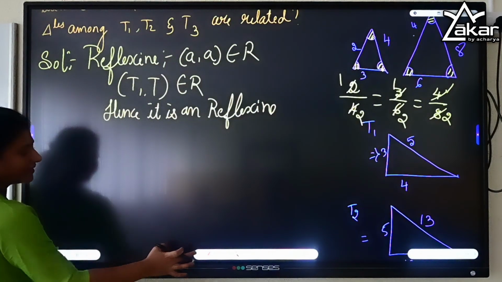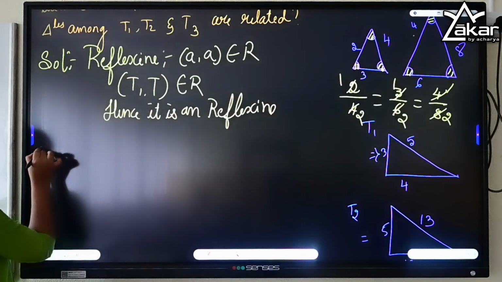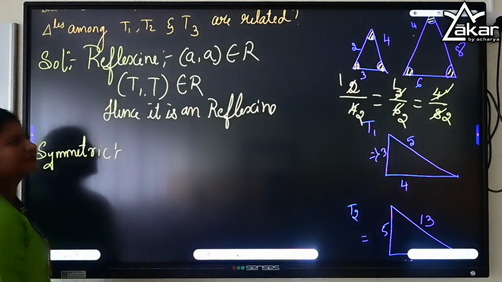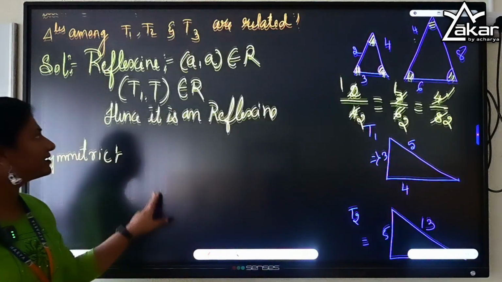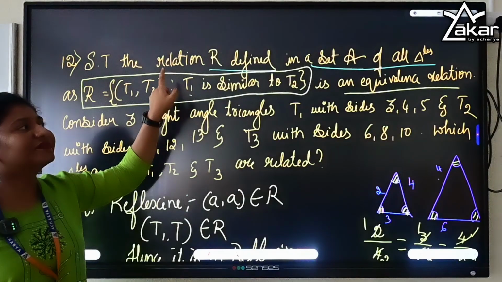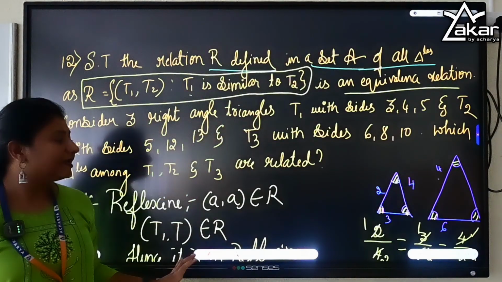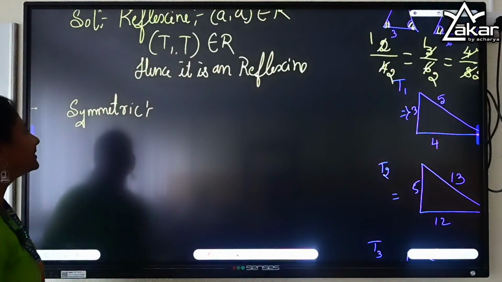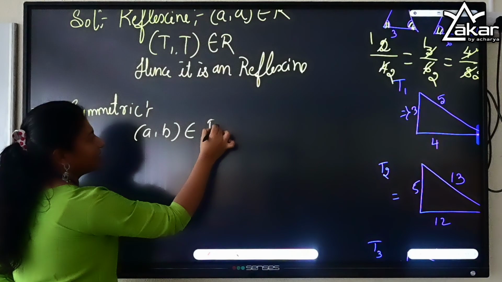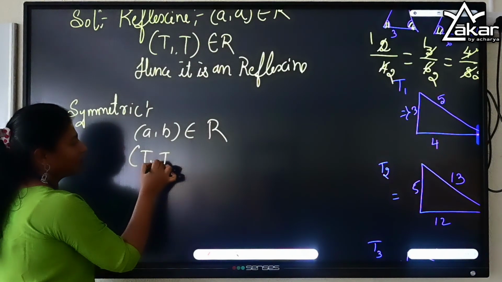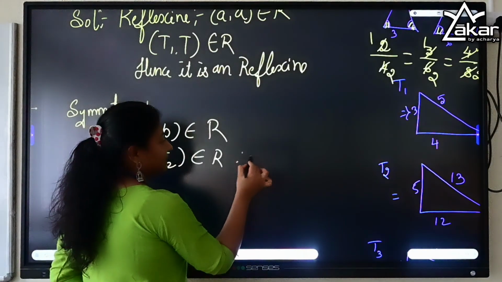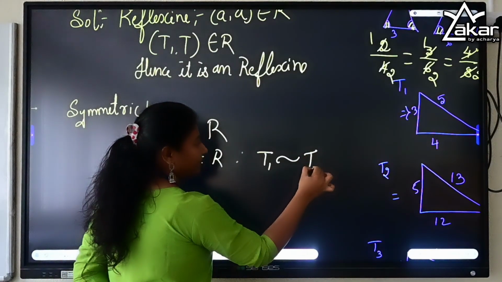Now, what does the second condition say? That is the symmetric condition. The same thing has already been defined in the relation R. How is it defined? If I take any two triangles that are similar, say T1 is similar to T2, then I can directly write that if A comma B belongs to R, then T1 comma T2 belongs to R, that is T1 is congruent to T2.